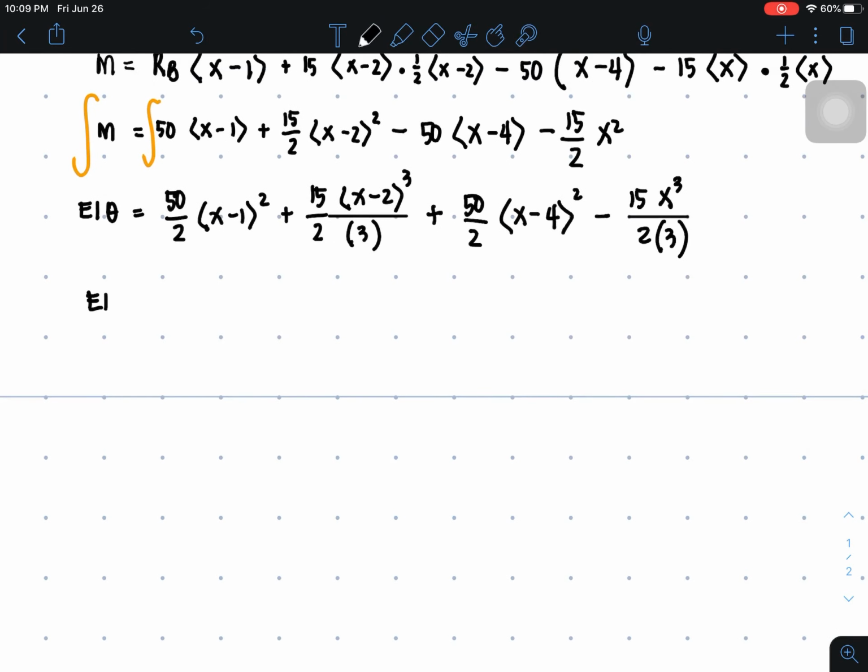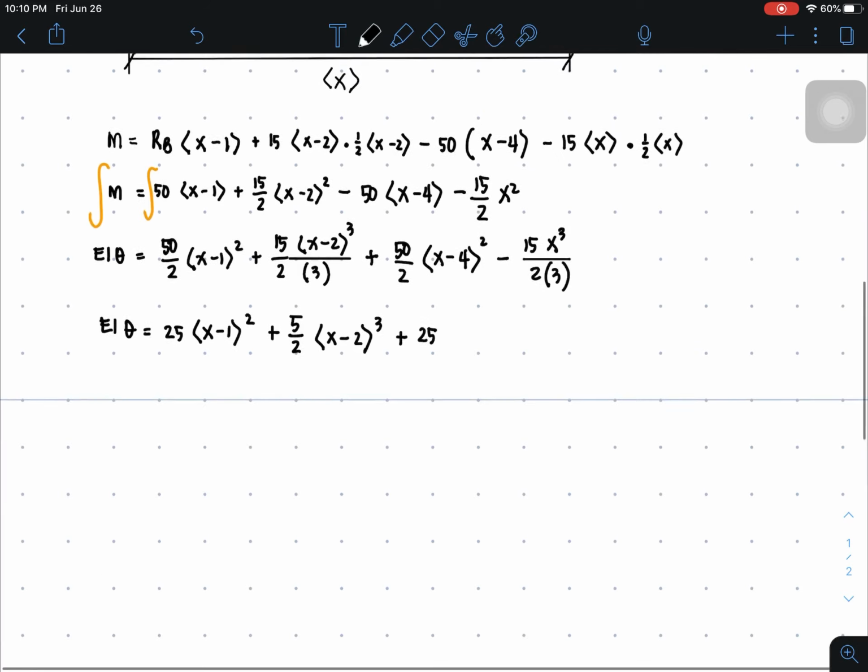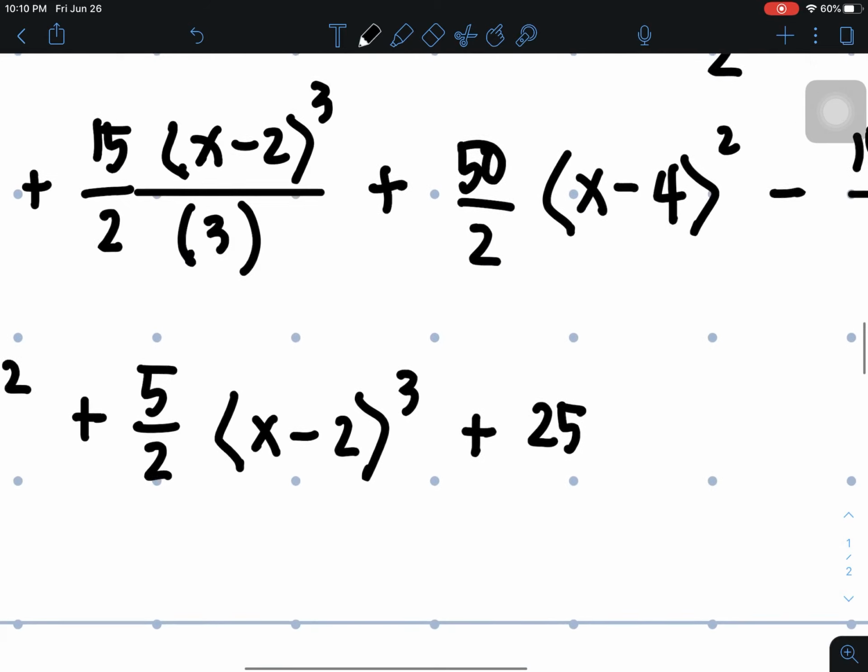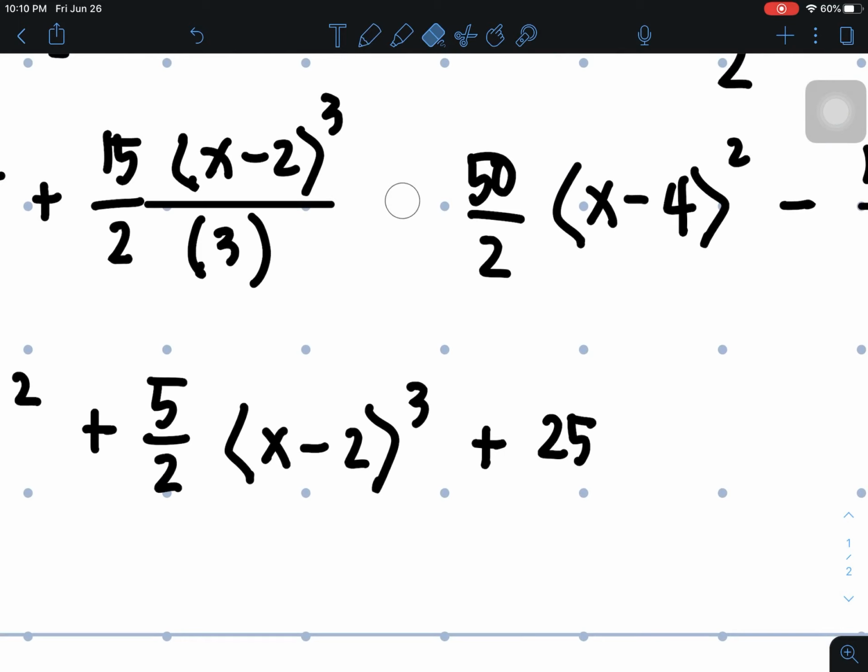So ato lang i-simplify, you have EI theta. This is 25 x minus 1 squared. Then plus this is 5 over 2 x minus 2 cubed. Then plus 25. Is this plus? No, this is not plus. Kani, this is minus. The same ana.